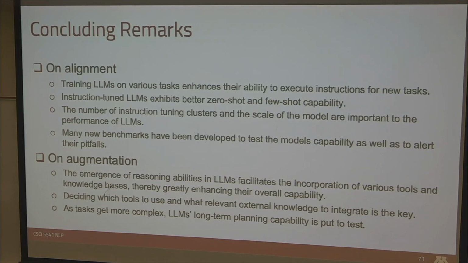And on augmentation, the reasoning abilities and the fact that it can incorporate various tools and knowledge bases resulted in great performance in general. So the main question here is how do we more cleverly decide which tool to use and what relevant external knowledge to fetch. These can be task dependent and are something to consider in your project as well.